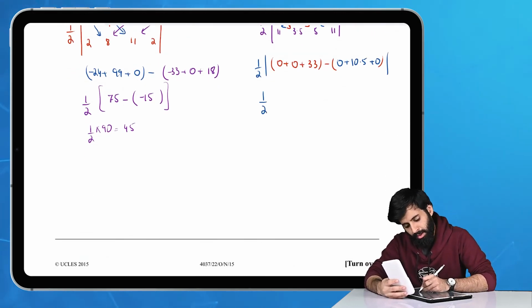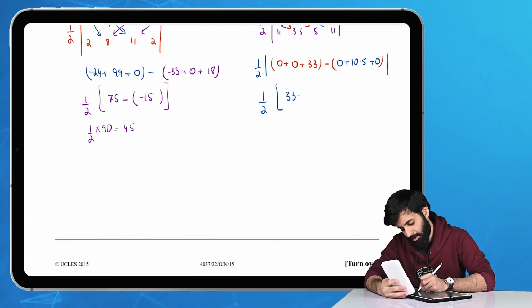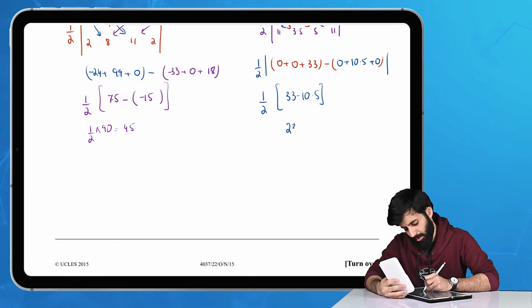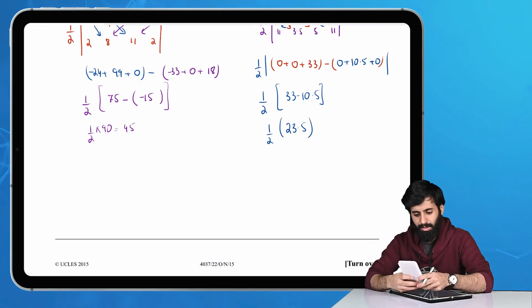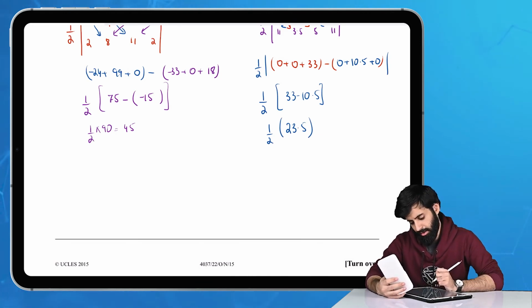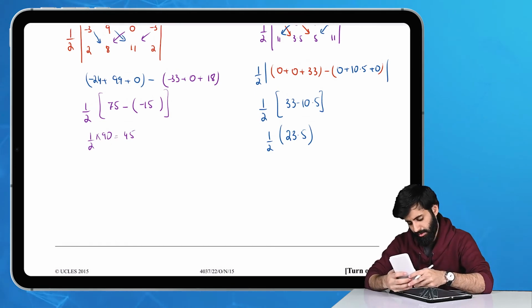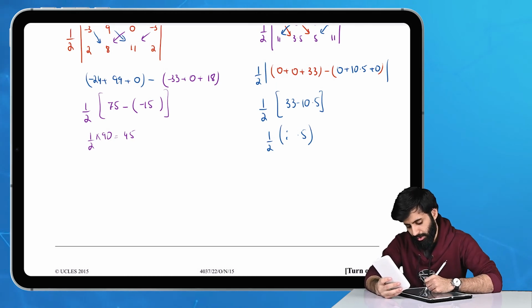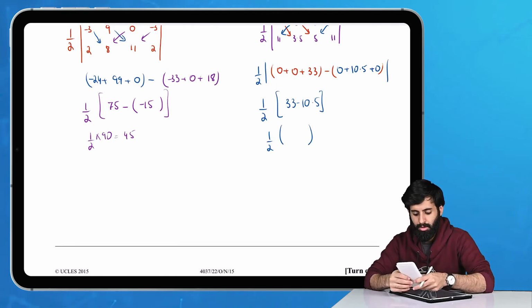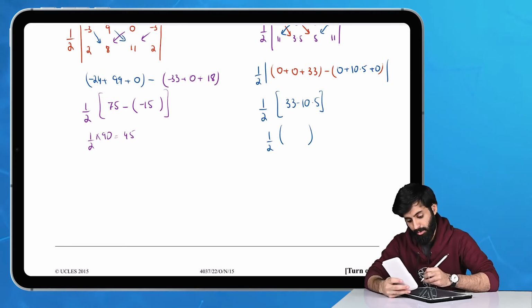Let's see. So we have 33 minus 10.5. 33 minus 10.5 is 23.5. 23.5 into 1/2. Let's see. No, wait a minute, I think I've done something wrong here. Wait, 33 minus 10.5 is not 23.5. 33 minus 10.5 is in fact 22.5.